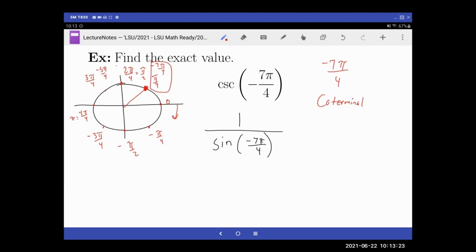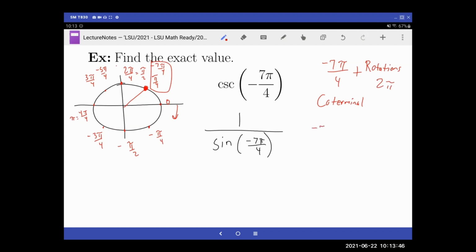You're right here. To find a coterminal angle, you just add rotations. How you add those rotations depends on whether you're dealing with degrees or radians. We're dealing with radians, so we're going to add the equivalent of 360 degrees, which would be 2 pi.